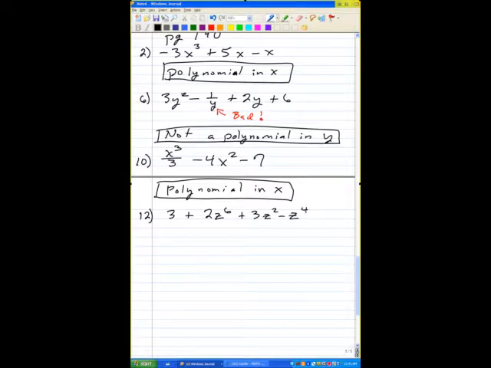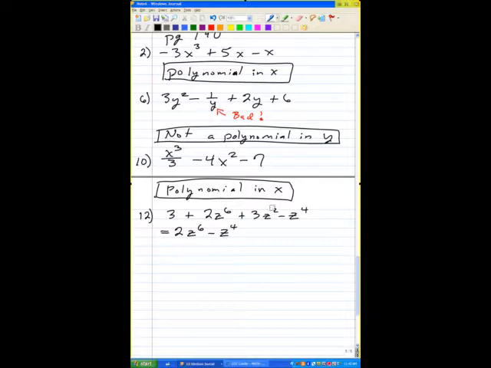Okay, so I want to write this polynomial in descending order. So I'm going to look for the term that has the highest degree. In this case, the highest degree of my variable is to the power 6. And so I should write that term first. So I'm going to write the term 2z to the 6 first. Next, I have a z to the 4th, and that's larger than any of the other degrees, so I'll write that second.